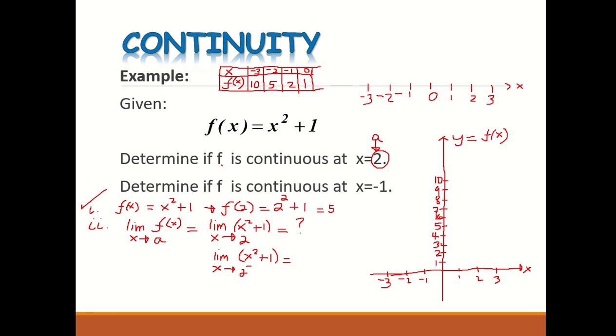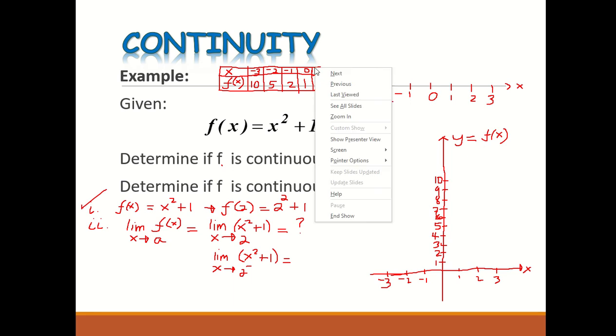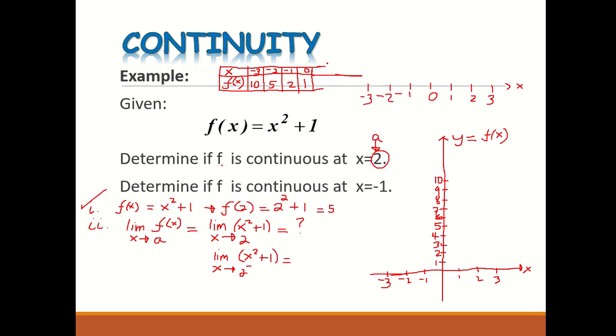Okay, so let's continue this. Okay, so when x equal to 1, what is our f of x? 1 squared is 1 plus 1, so this is 2.